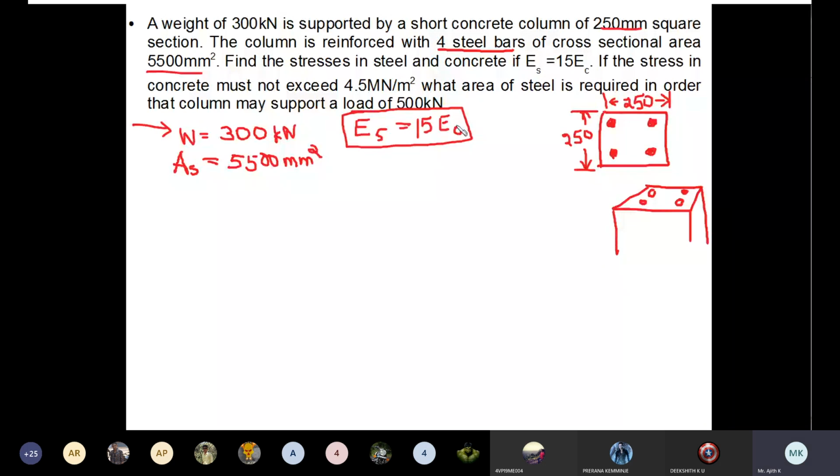And somewhere in the previous class also I told you, in this pillar if you consider, there will be steel rod as well as concrete. The function of steel rod is mainly to support the load. Major amount of load will be supported by steel rod. But what happens if only steel rod is present?